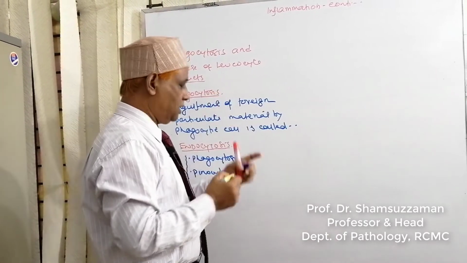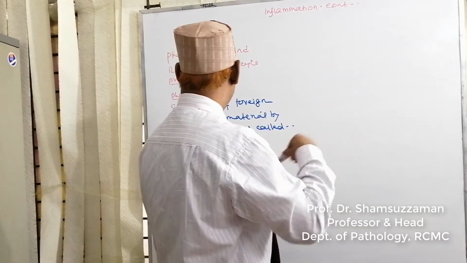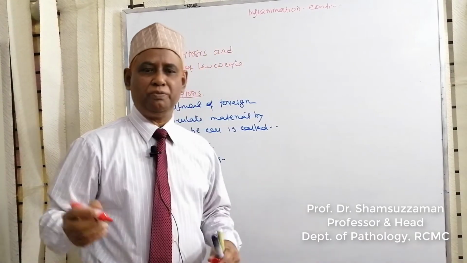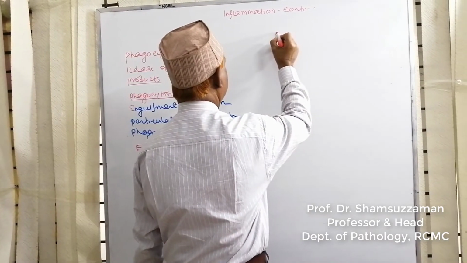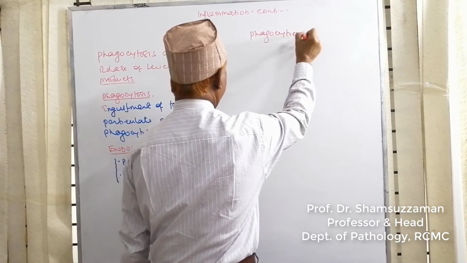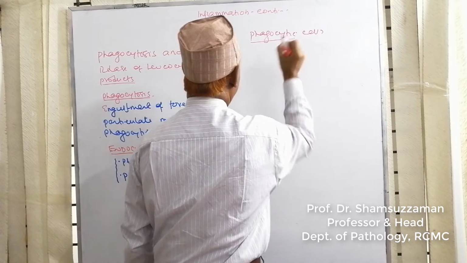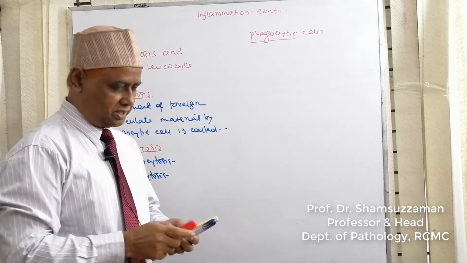Now we are talking about phagocytosis. Now come to the cells that are associated with phagocytosis, that is phagocytic cells. The cells that are associated with phagocytosis are called phagocytic cells.